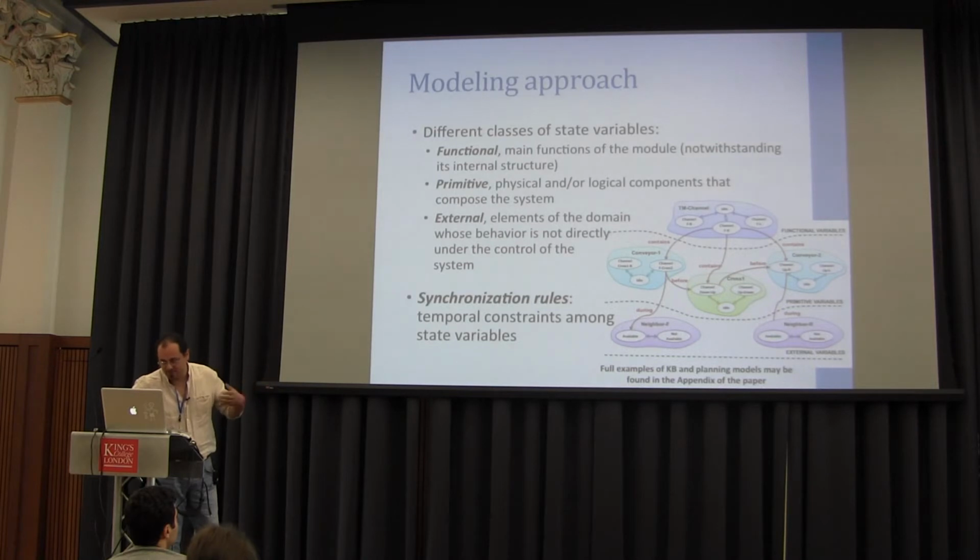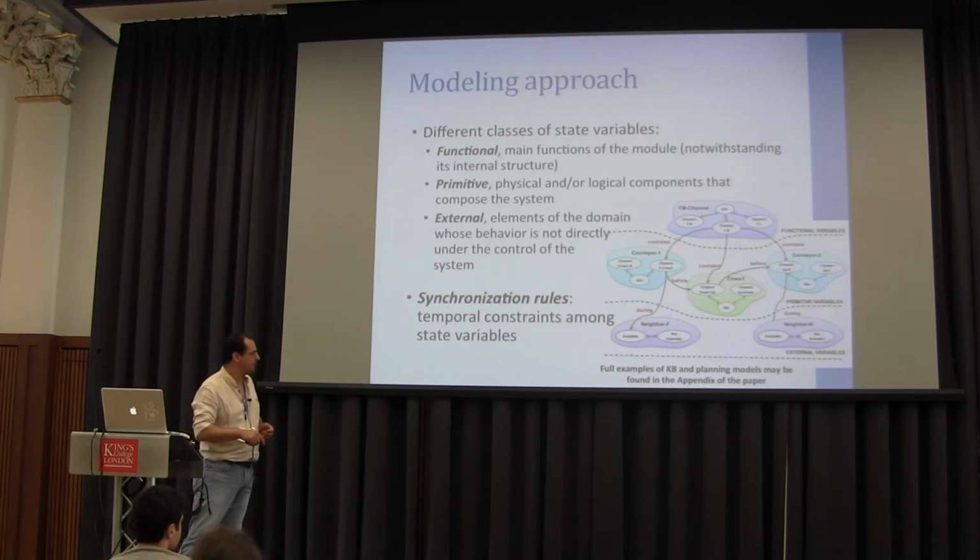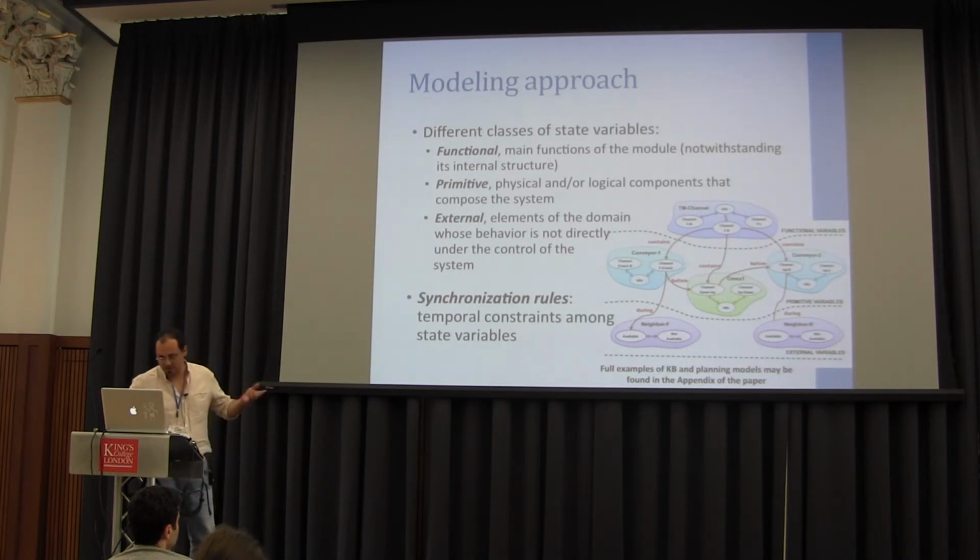This is one specific possible configuration of the transportation module, and if you refer to the paper, you may find in the appendix a full example of both the knowledge base and the running model that we generated for one specific scenario.